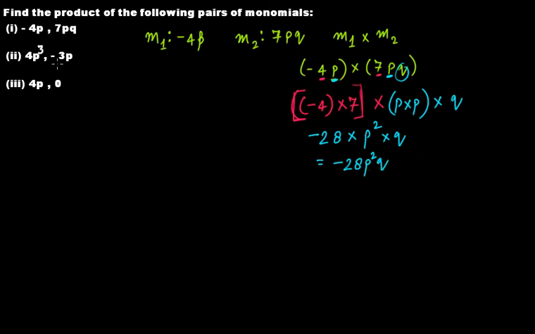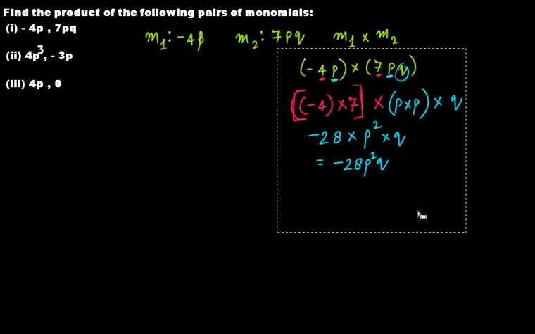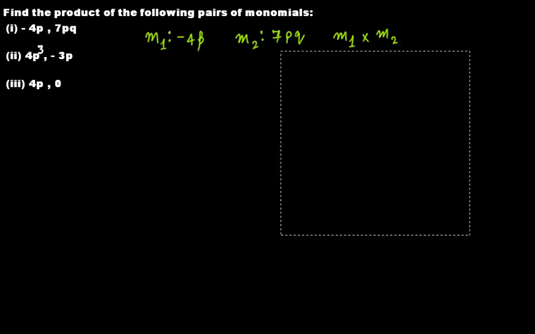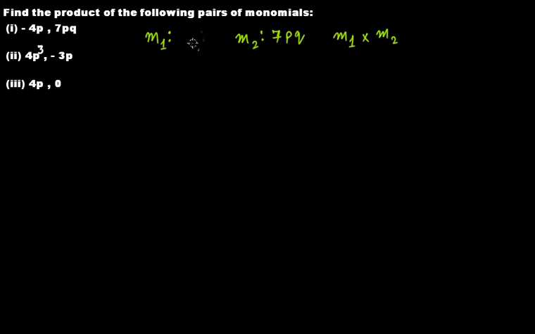For this second part, in this case now we have m1 is 4p cubed and m2 is minus 3p.